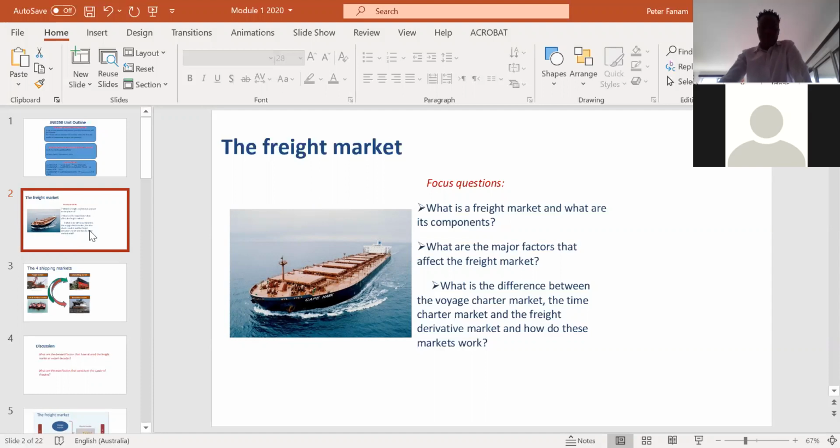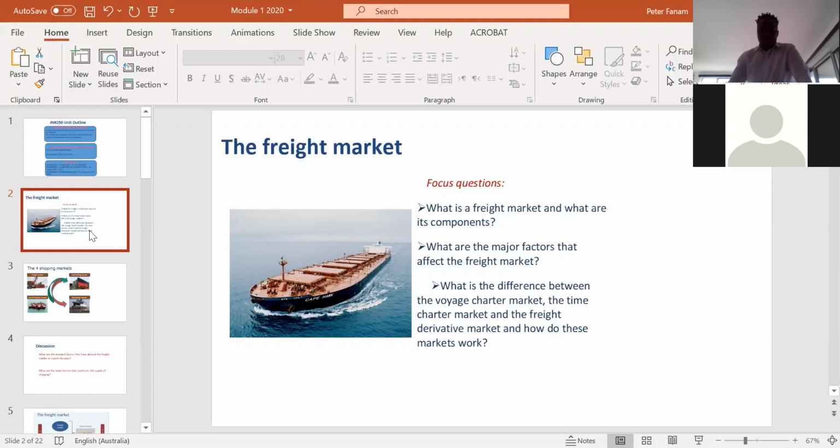The broker is the middleman negotiating the contract between these two parties. Sometimes one broker represents the two parties, and sometimes the ship owner has his broker and the charterer also has his broker, and the two brokers negotiate the contract for their principals.